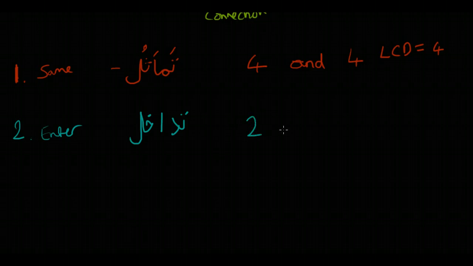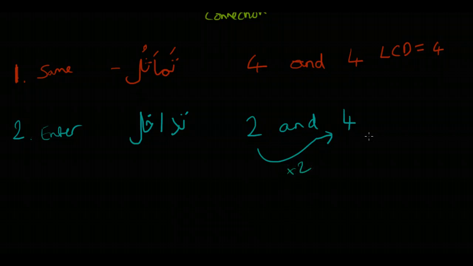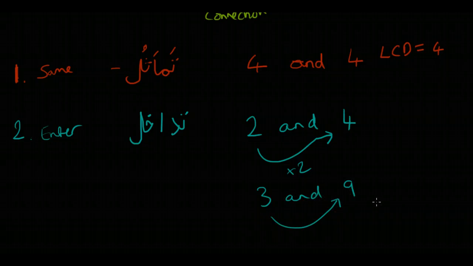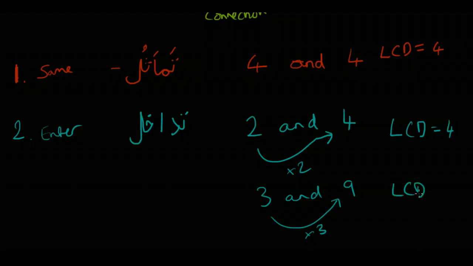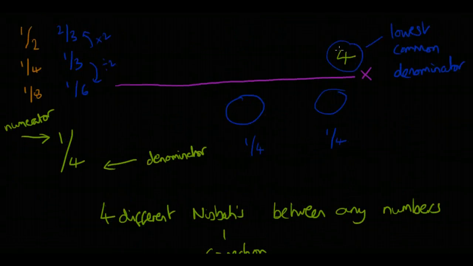So an example of that would be 2 and 4. 2 goes into 4 twice, and there's no remainder. And another example, 3 and 9. 3 goes into 9 3 times, and there's no remainder. So in this situation, the lowest common denominator is the higher number, so it is equal to 4, or equal to 9. And so above the line, we will put the higher number here, the 4 or the 9, for example.